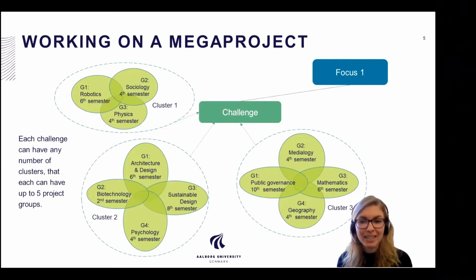As you can see here, these are examples of how a cluster could be formed. For example, in cluster 2, we will have biotechnology working together with sustainable design and psychology. They will work together on the different perspectives, and where they overlap is where they will find their joint contributions to the challenge.